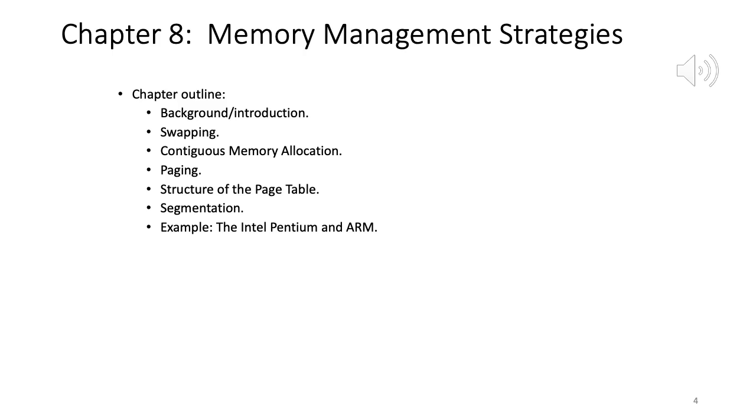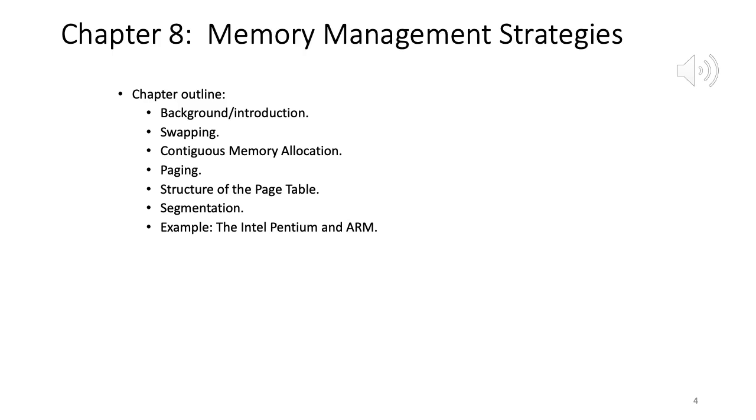Then we'll talk about paging, our second memory management scheme. Within paging, there's a very important data structure needed to support paging, called a page table, so we'll talk about page tables. Next, we'll talk about another memory management strategy called segmentation. A lot of times when you are doing C programming, you may have encountered a segmentation fault, so we'll learn about what segmentation is.